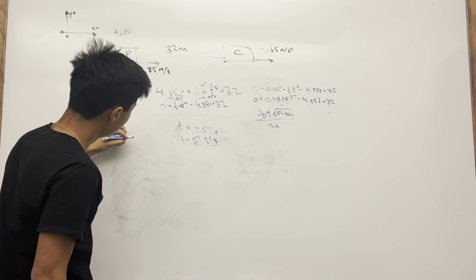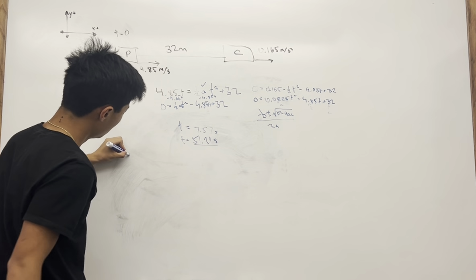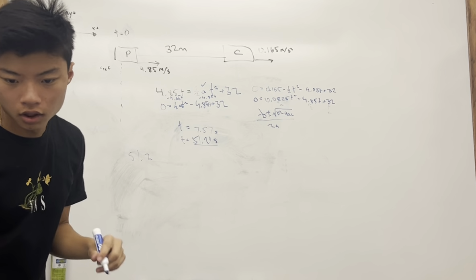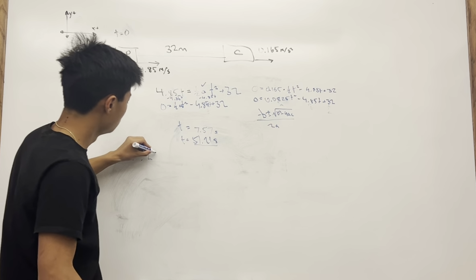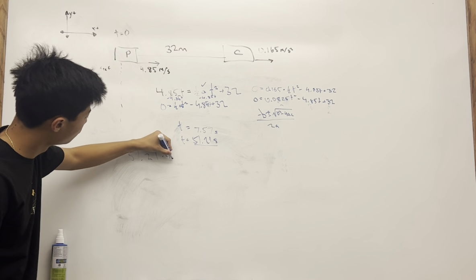So we're gonna start with the larger one, 51.2142, times 4.85.